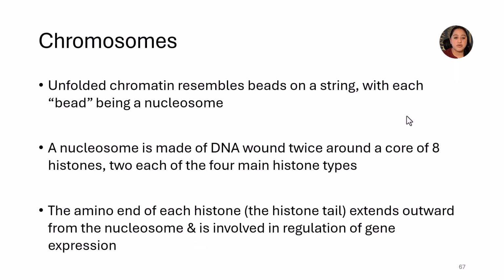And so there are 4 main histone types, and so there's 2 each, making that total of 8. And if you saw in that picture, there is like a little tail sticking out of that purple shape. And so the amino end of each histone, so the histone tail, extends outward from the nucleosome and is involved in regulation of gene expression.